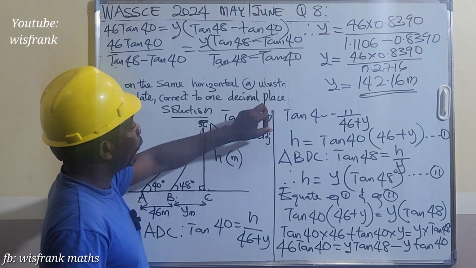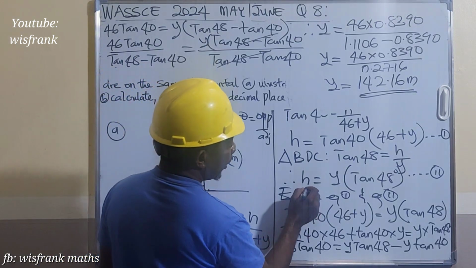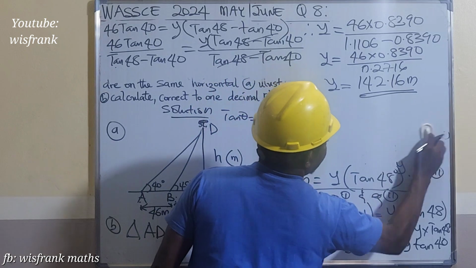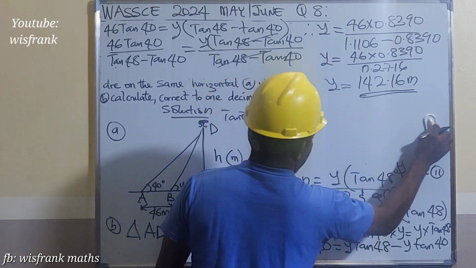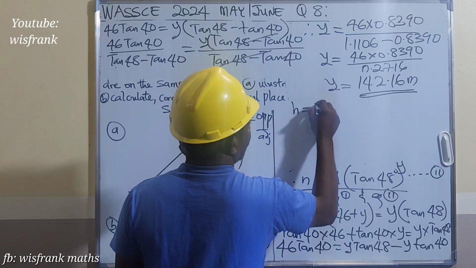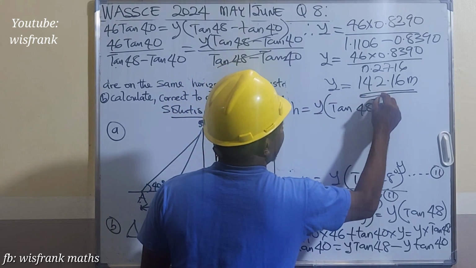So the next step is for us to find the height of the pole. Here we recall that from equation 2, we can put the value of y in h. We have h equals y into tan 48 degrees.